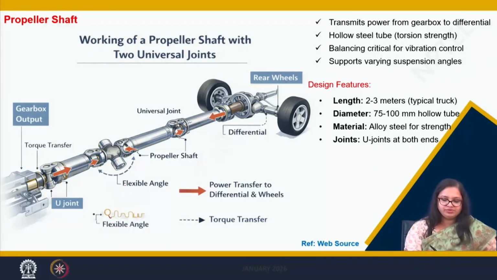So, if you see, this is in the form of a yoke. Here this is one universal joint, and here there is another universal joint. In between there is this propeller shaft.